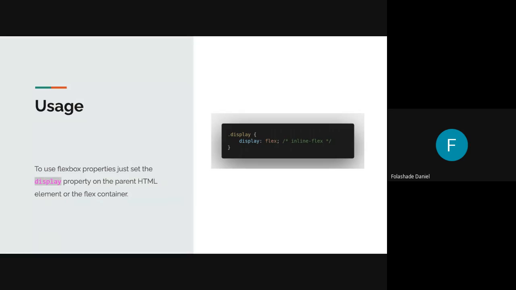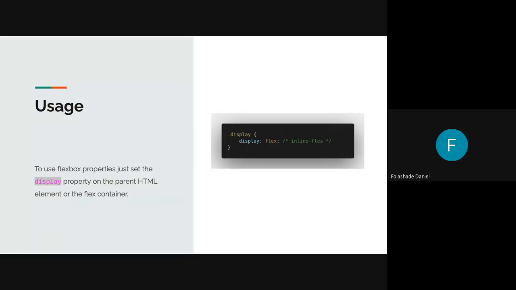So, usage. Before you can start using flexbox properties, like I said before, flexbox is a module, not just a single property, meaning you have a whole lot of properties within this module. You cannot just say flexbox is a property like color; this is a whole module. You have access to a lot of properties once you apply display flex to an element.